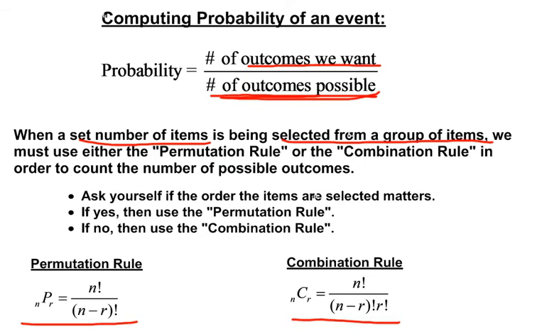So it's very important that we can distinguish between the two, but the main giveaway is we should ask ourselves if the order that the items are selected in matters. Is there going to be a difference between the first item selected and the second or third item selected? Are they going to be treated differently? Is something different going to happen for each one? Or are they all going to be the same?